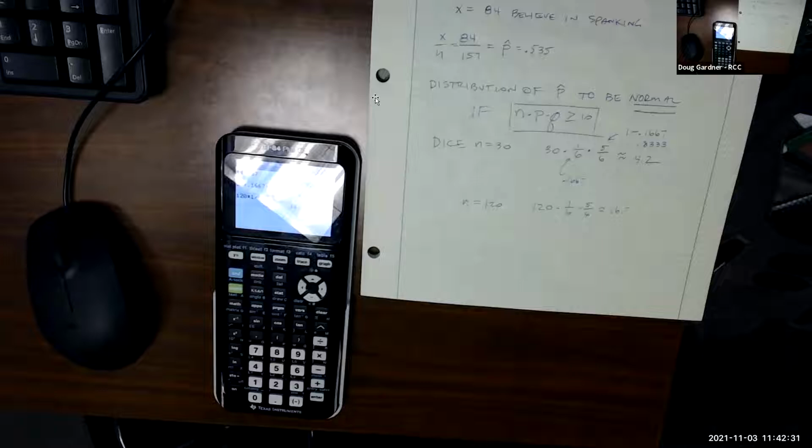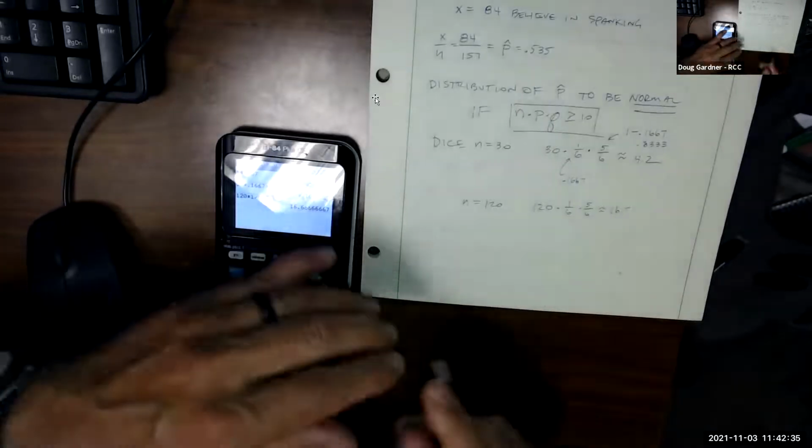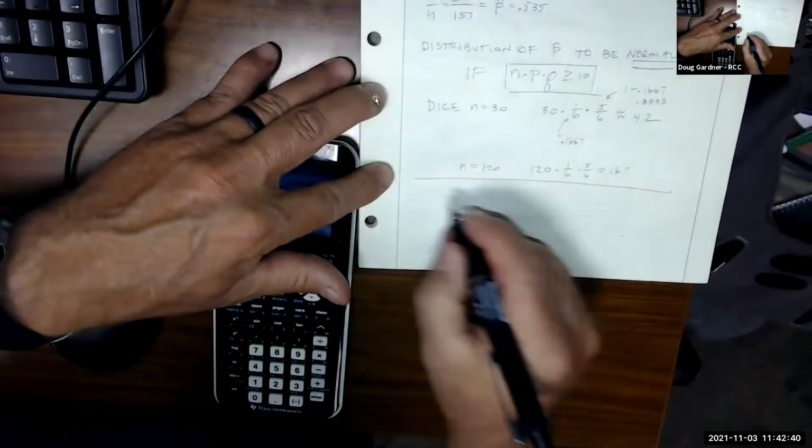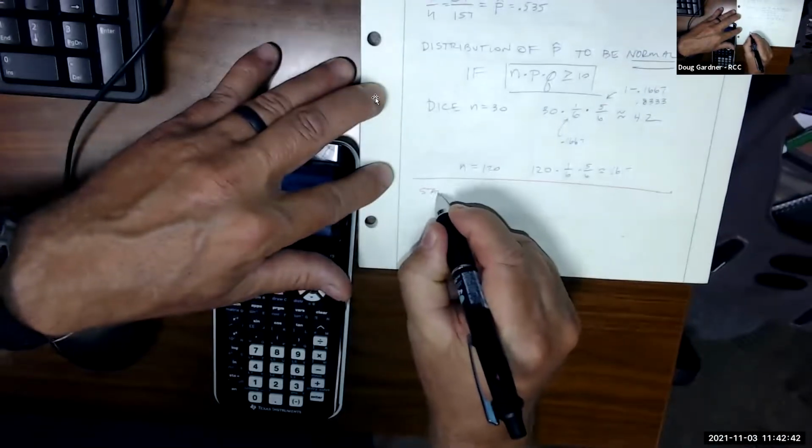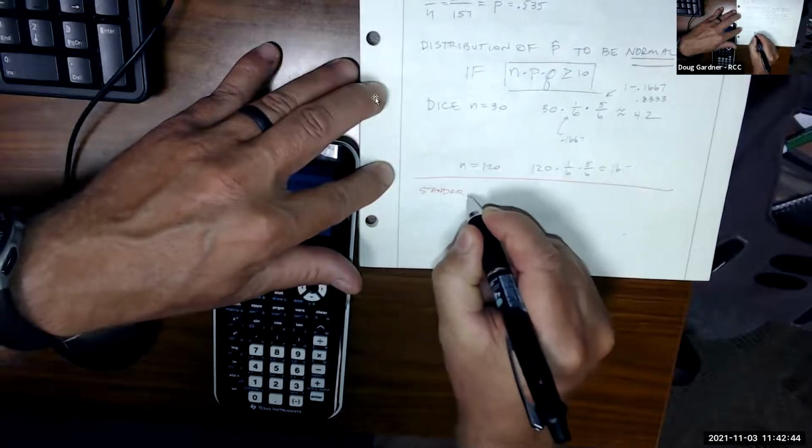Well, again, look at your note sheet. What about the good old standard deviation?